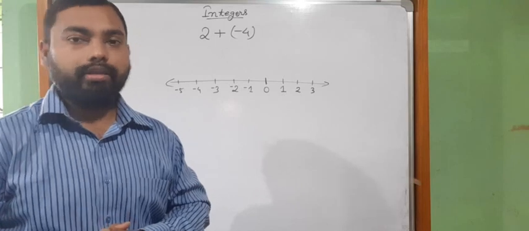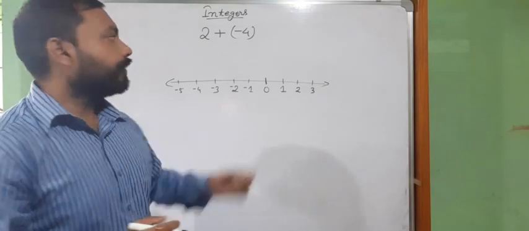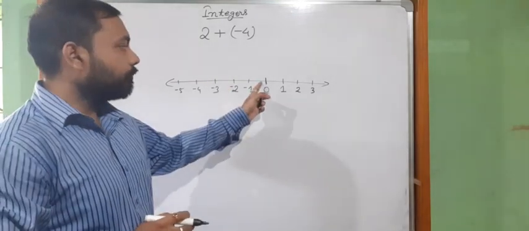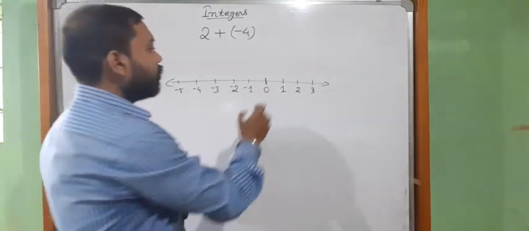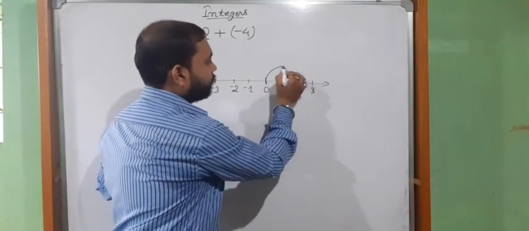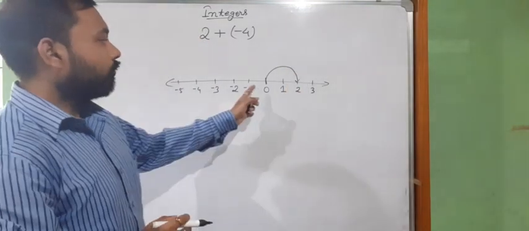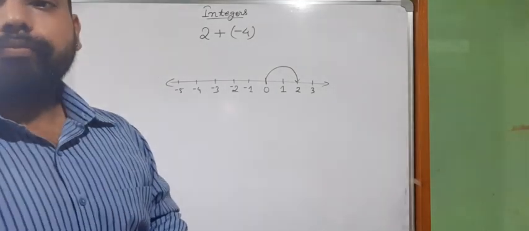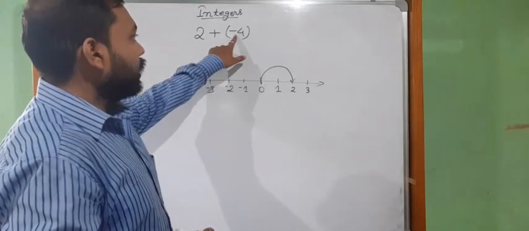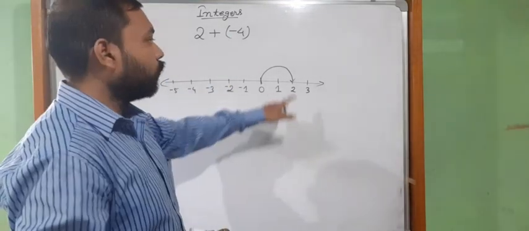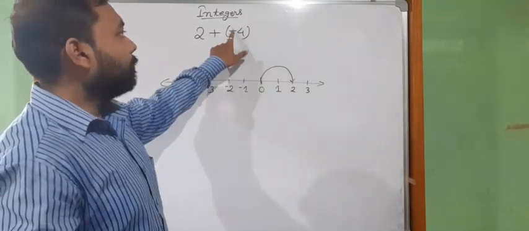It is according to your convenience. Now see, at first I have written 2, which is a positive integer. From 0 we will move to 2, and that is on the right-hand side because 2 is a positive integer. So I have drawn up to 2. Now you see this minus 4. From 2 we have to go in the backward direction because minus is there.